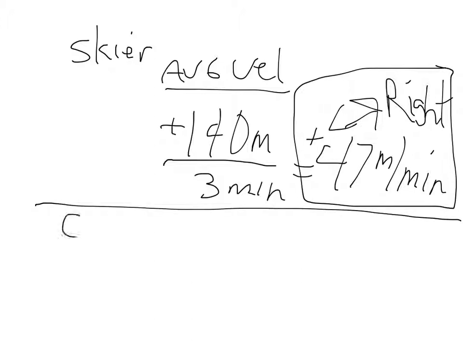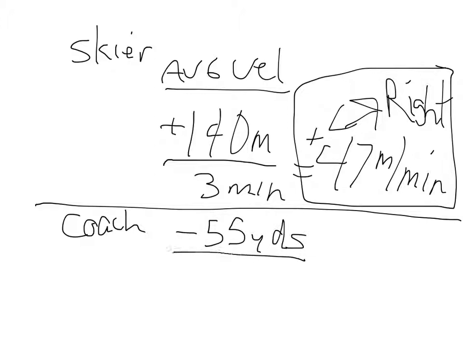And then for the coach, his average velocity would be the negative 55 yards would be the displacement. Remember, we got that by subtracting the negative 5 minus 50 to get negative 55. And then how long was he pacing? 10 minutes.